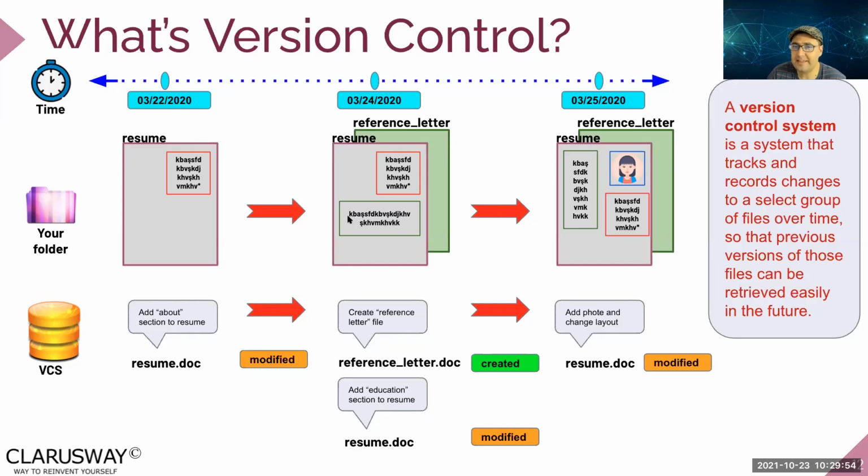Maybe you like the text you put in here and then you change the text here. It's really hard to get back now on your computer if you didn't save in different file names. But in version control, as you see here, it tracks your recorded changes, and anytime you can follow up which date, what changed, when, who, you can see everything about the changes. So that's really easy to track those changes.